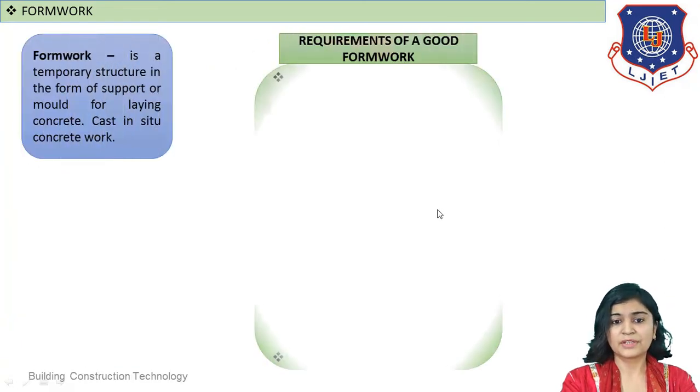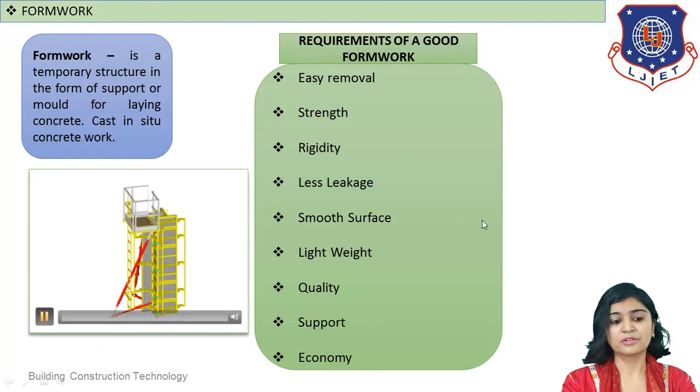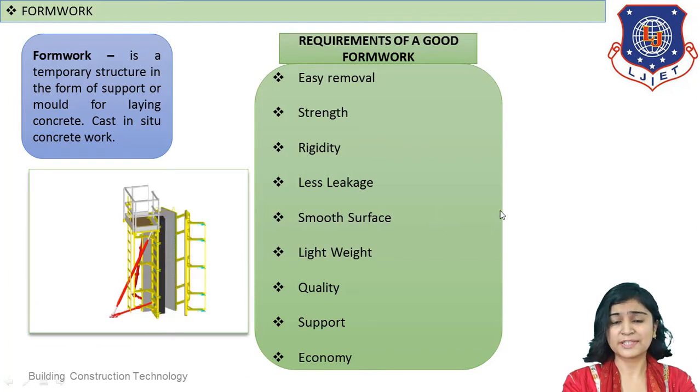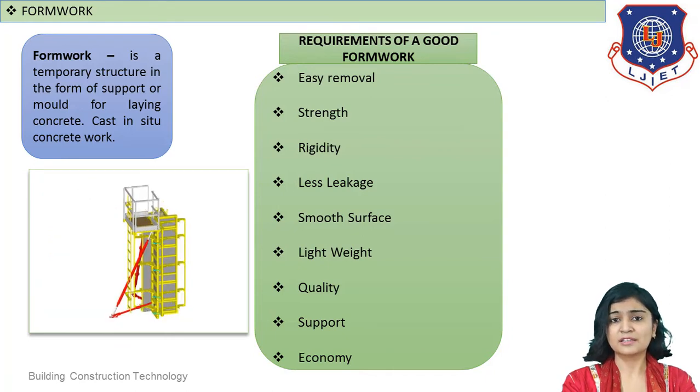Moving forward, there are certain requirements of a formwork. Before going towards specific types of formwork for specific structural members, there are certain criteria. As I discussed, economy is very important because the majority of the cost will depend on formwork construction and design. Safety is important, stability is important, achieving the desired dimension is important.